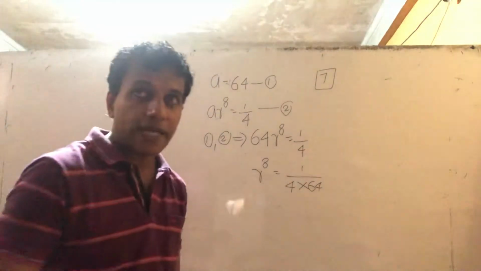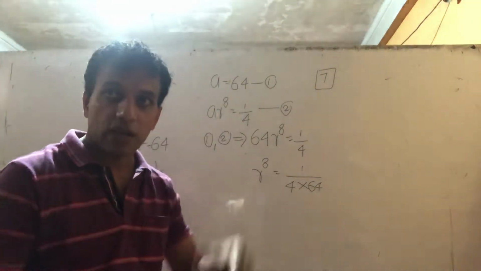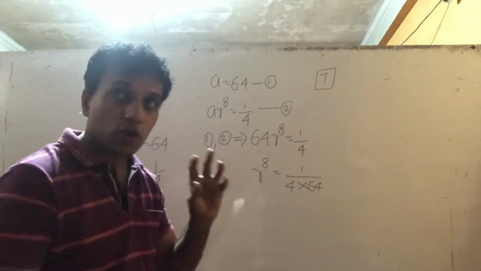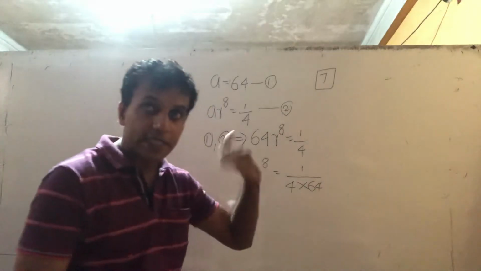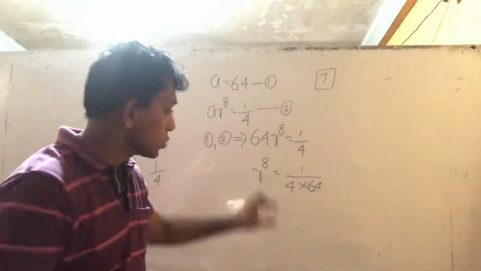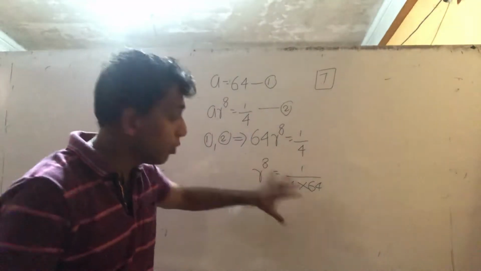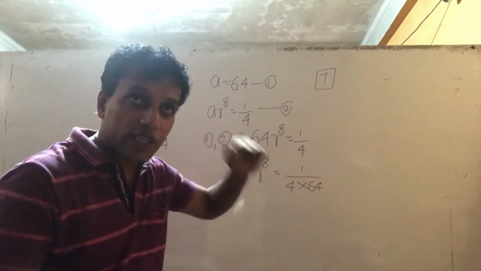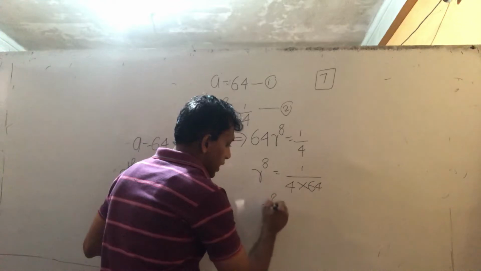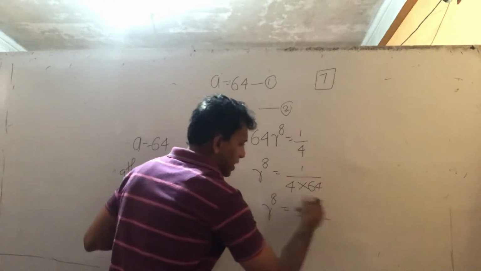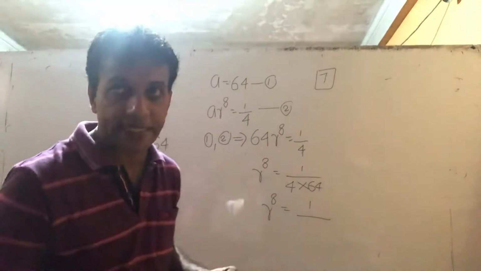Now, if you have an idea about the previous problems you worked in the last videos, you need good knowledge of indices. Therefore try to show all of these in index form, power form. Totally we need the power 8 here, and here also, we need the numbers to power 8. So R to the power 8 equals 1 over 256.